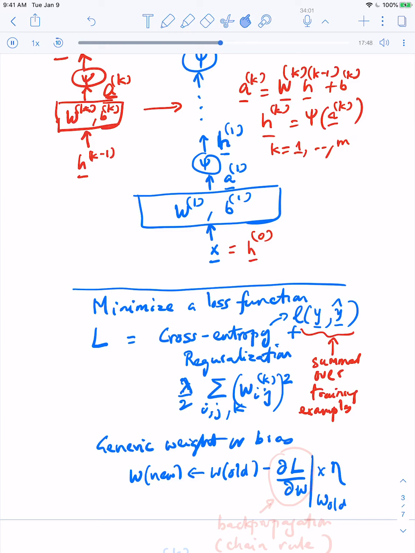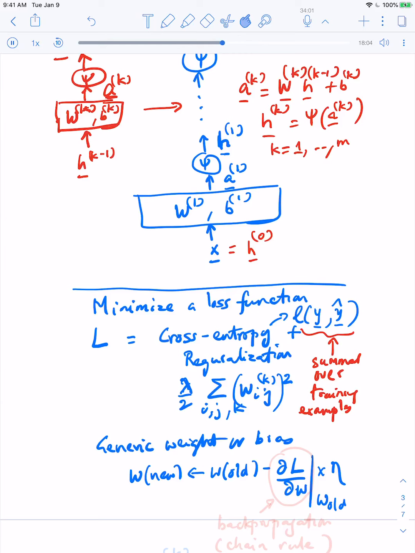You take small steps along the gradient, so you don't oscillate too much, and it's called the learning rate. This eta is called the learning rate, and you do the same thing for biases also, right?